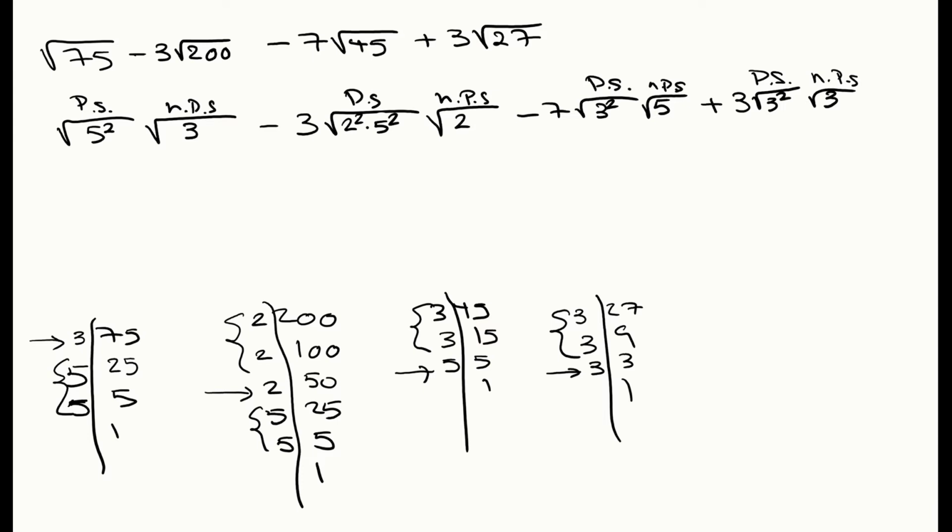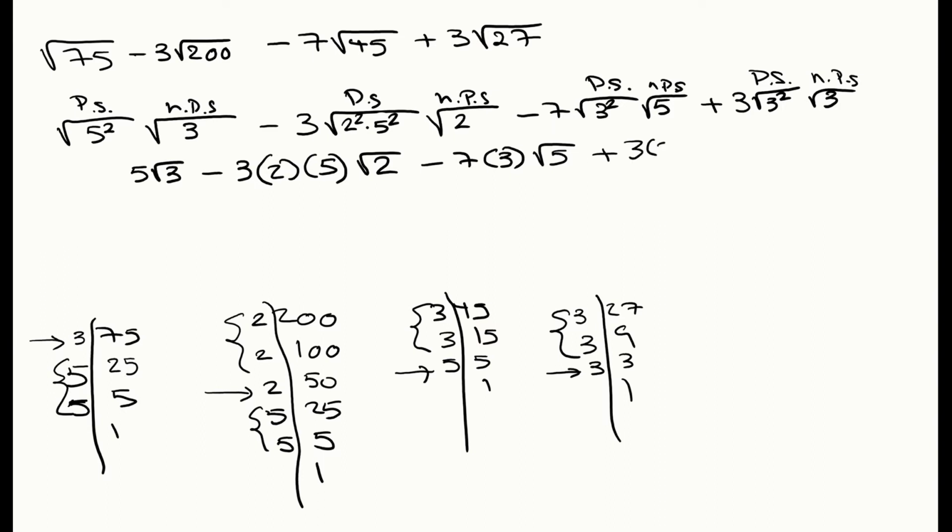So now we realize that starting here, the square root of 5 squared is 5, so we get 5 radical 3 minus 3 times, we know that the square root of 2 squared is 2, and the square root of 5 squared is 5, so we're going to get times 2 times 5 radical 2 minus 7 times 3 radical 5, and then plus 3 times 3 radical 3.